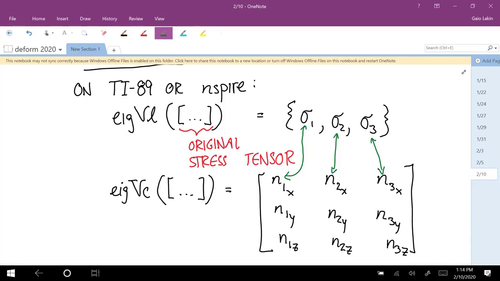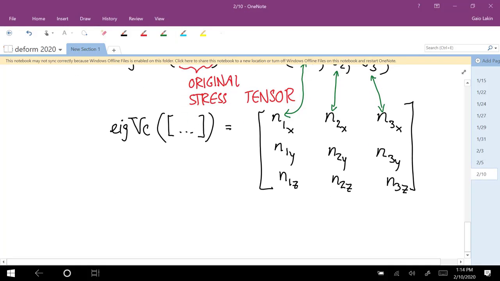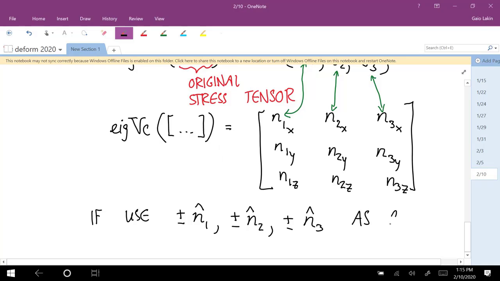The lambda? Yes, and so if you make a coordinate system out of plus or minus N1, plus or minus N2, and plus or minus N3 as coordinate system axes.